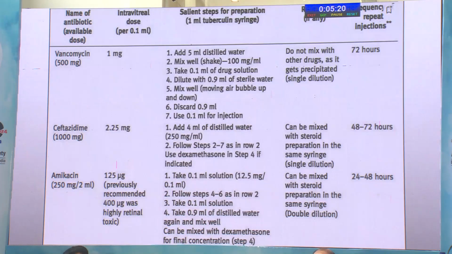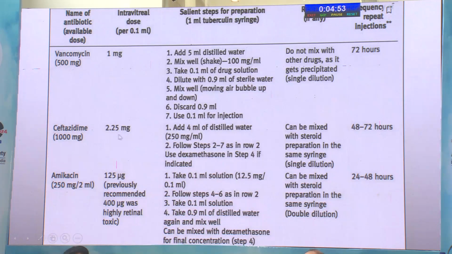So drug preparation here is an important part because we don't have ready-made drugs for intravitreal injections. These will usually be in vials of intravenous drugs, so powder formulations usually. I think you can take a picture of this if interested, just a screenshot. So most importantly, for vancomycin the final dose should be 1 milligram in 0.1 ml.